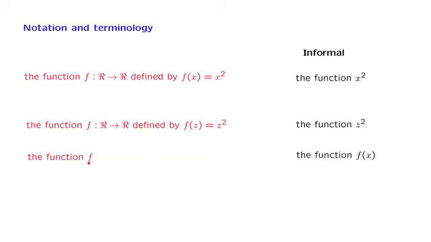Although quite often people will abuse language and they will use this terminology, it's important to keep in mind what we really mean. The idea is that we need to think of a function as some kind of box, or even a computer program, if you wish, that takes inputs and produces outputs. And there's a distinction between f, which is the box, and the value f of x that the function takes if we feed it with a specific argument.